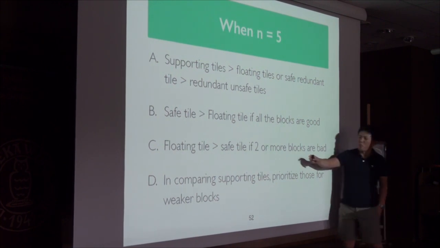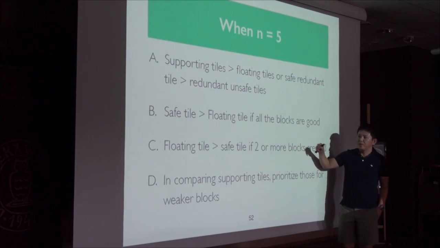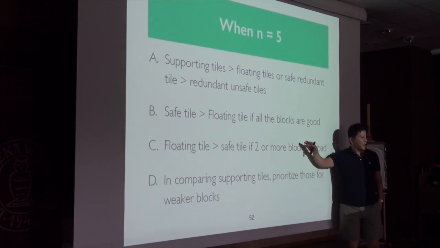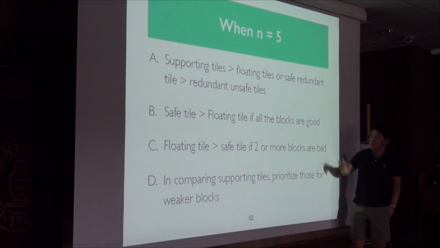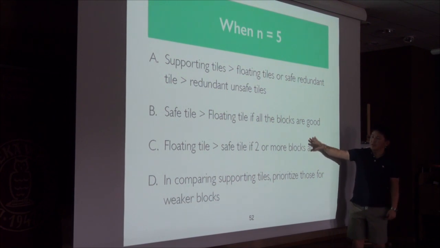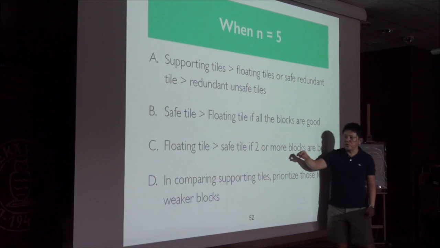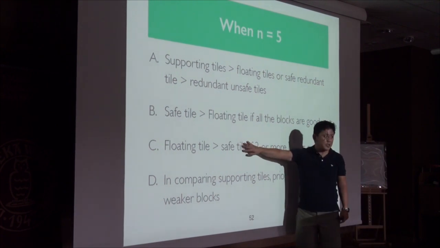So when you have 1 bad weight protran in the hand, it's kind of in a gray area. So it's up to you, or you may want to take into account other factors. But when you have 2 or more, you definitely want to keep a floating tile rather than keeping a safe tile.